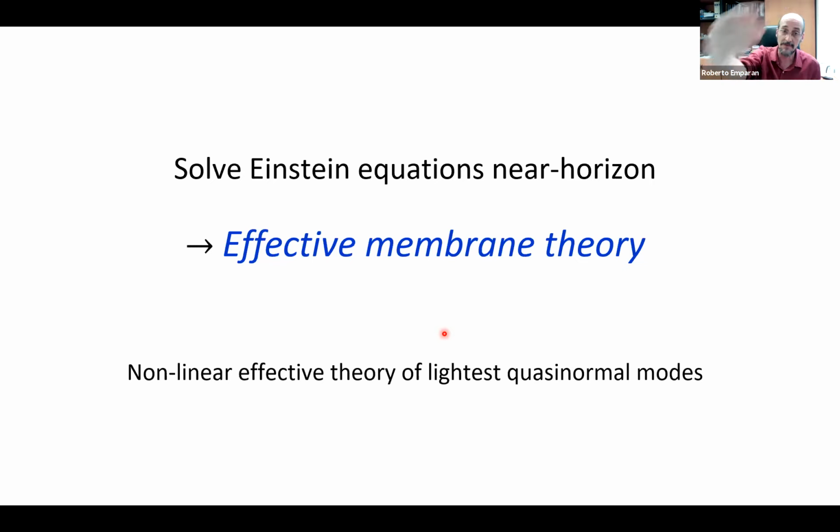And this is what these effective membrane theories do. They are nonlinear theories of the slowest fluctuations of the black holes.